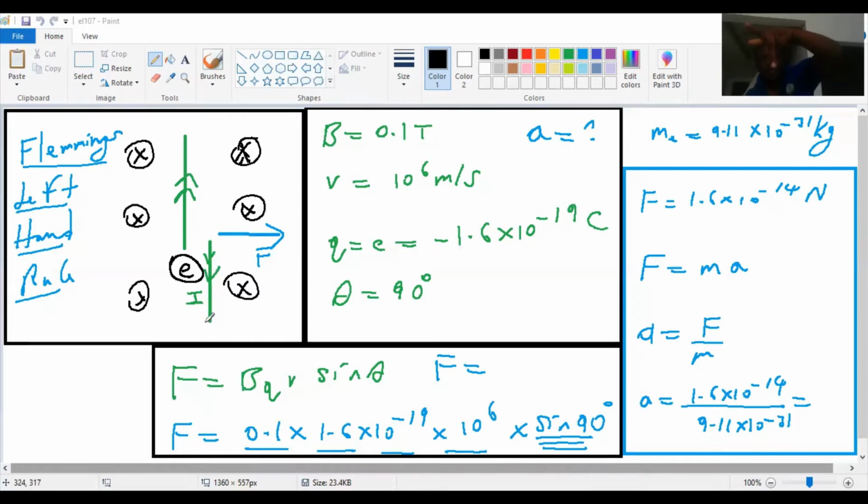So my middle finger is down. My pointer finger is pointing in because the magnetic field is pointing into the board. And my thumb now is pointing to the right, as indicated by the blue arrow. So the electrons will be deflected to the right. All right, that's applying Fleming's left-hand rule.